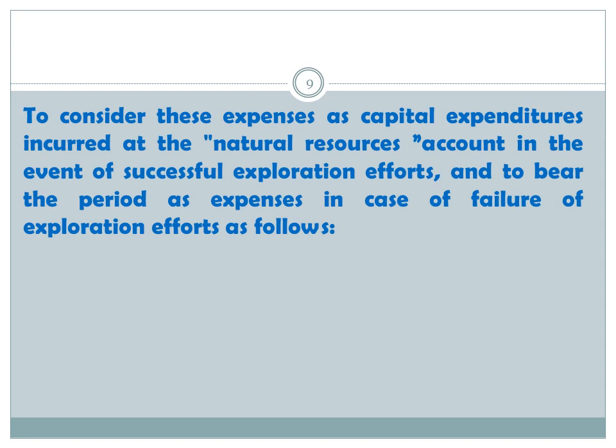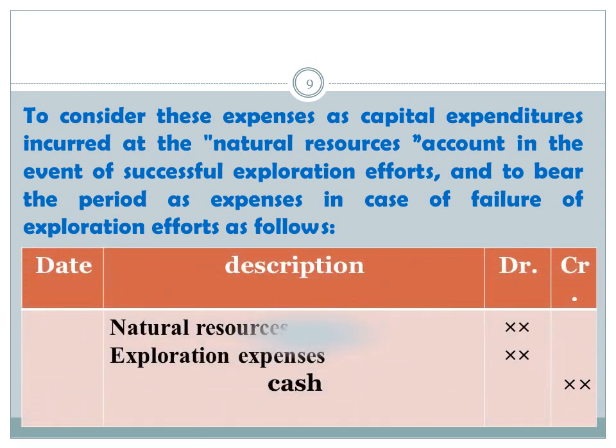In some cases, these expenses are treated as capital expenditure incurred at the natural resources account in the event of successful exploration efforts, and are borne by the period as expenses in case of failure of exploration efforts, as follows. The entry will be in the debit side.